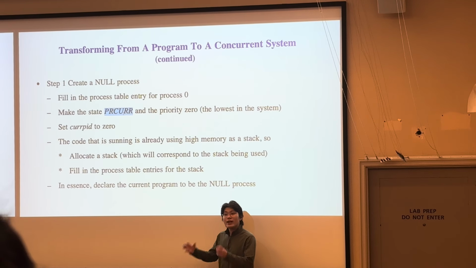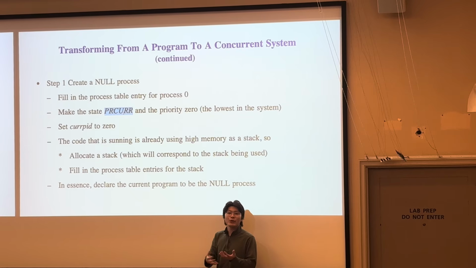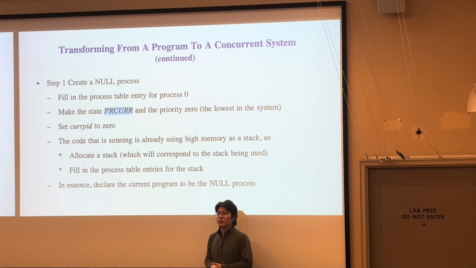Okay? When there's no process running, what's the consequence? I think before this step, we don't even turn on the timer interrupt. But you can imagine, even if you allowed the timer interrupt to happen, what's the consequence?